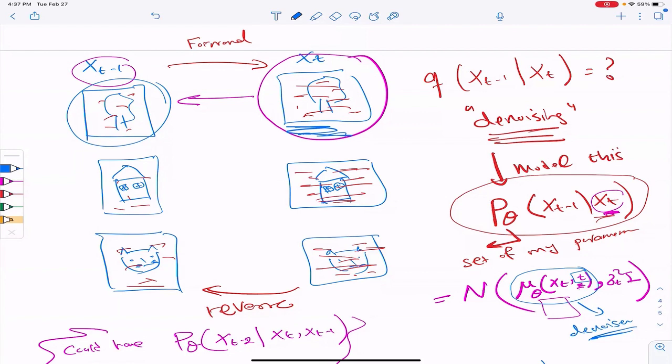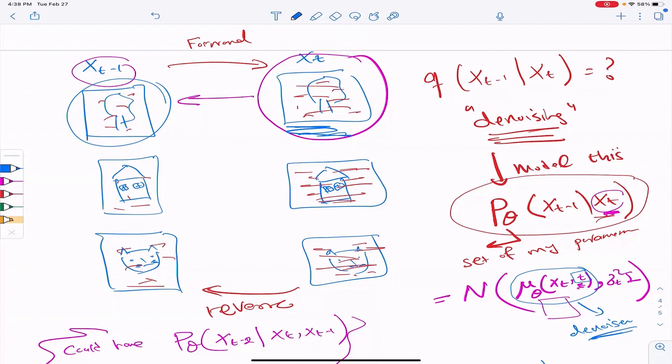And then you go back, you denoise it one step, two steps, up until step 0, and that's your generation. That's it. That's how state-of-the-art generative models for images, for videos, or even audio, other modalities are currently being developed.